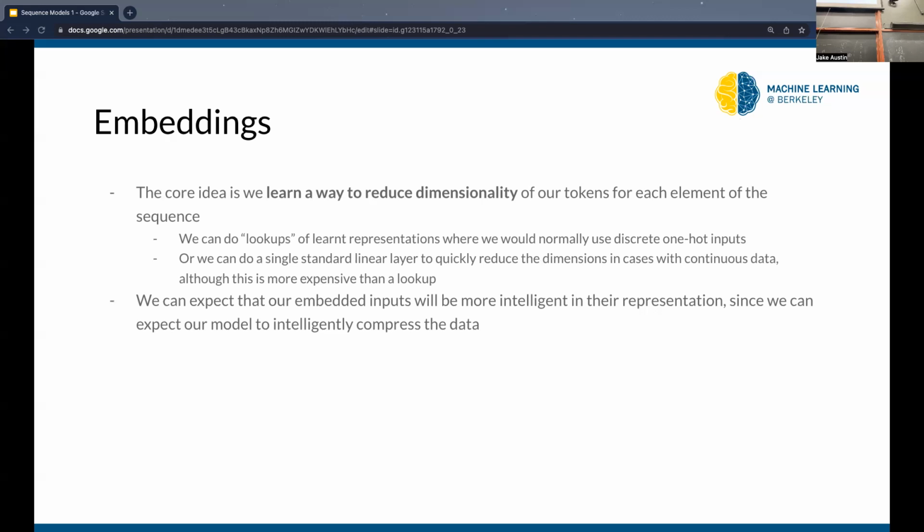The hope is that if the task we're doing doesn't really require a distinction between cats and dogs, say the task is classifying how positive or negative a restaurant review was, then distinguishing between the words cat and dog is probably not particularly important.